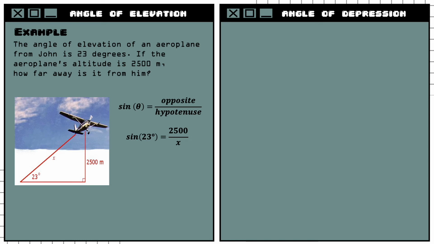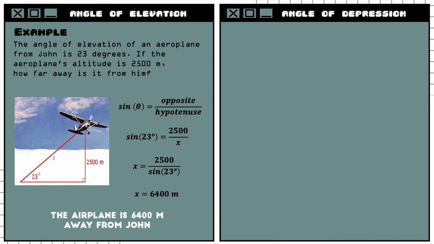Manipulating the equation, we find that x equals 2,500 divided by the sine of 23 degrees. We can use our calculator to solve this and find that x equals 6,400 meters. Now we can say that the airplane is 6,400 meters away from John.